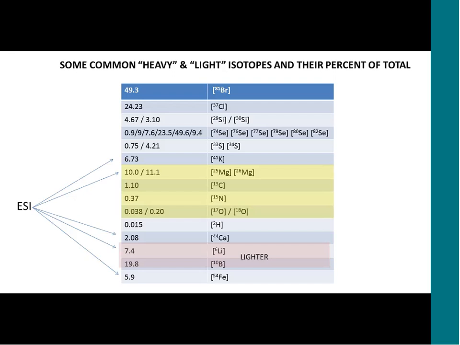If you're doing GCMS work, you're certainly going to run into silicon. You can see 29 and 30 with roughly 4.6 and 3.1% relative composition to silicon 28. That's pretty useful. Selenium, I've actually run into. That one's really interesting. Take a look at the spread of isotopes you find there.